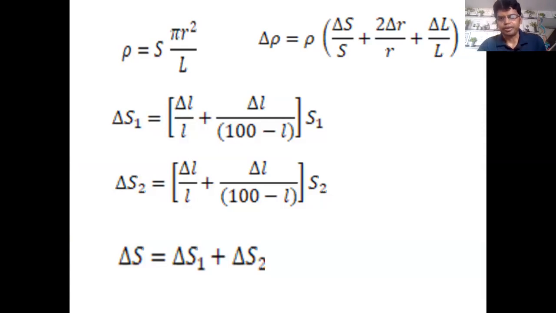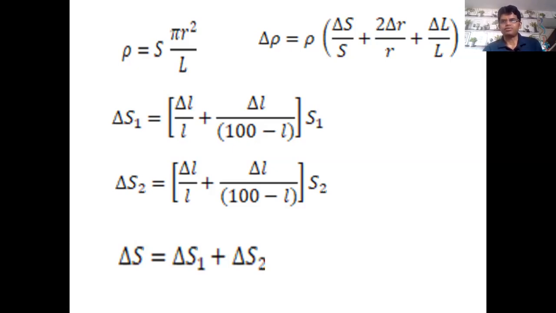Then delta P. How is delta P possible? Before that you want the value of delta S1. The equation is delta S1 equals delta L by L plus delta L by 100 minus L, into S1. Delta L is the least count of the meter scale, which is 0.1.